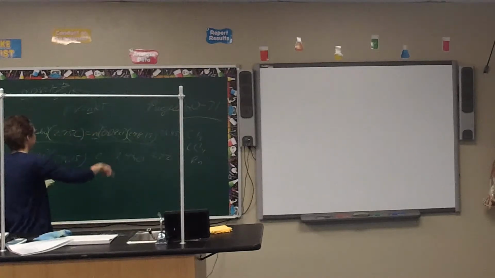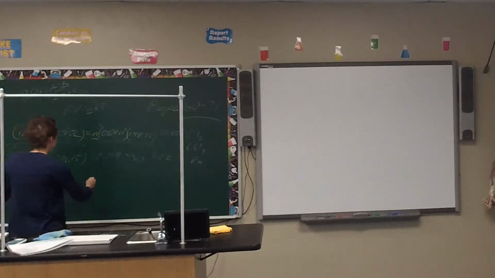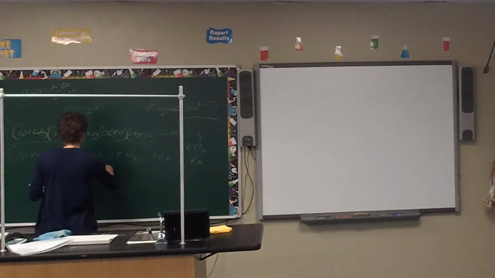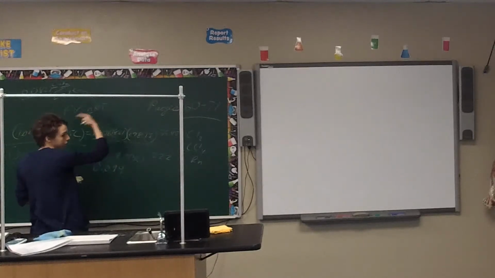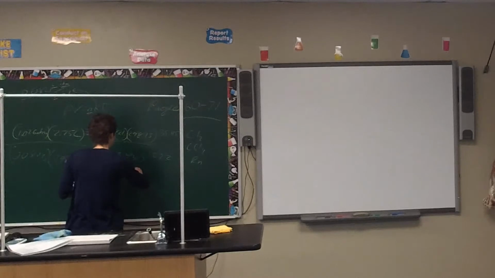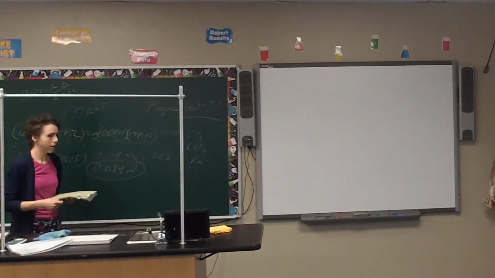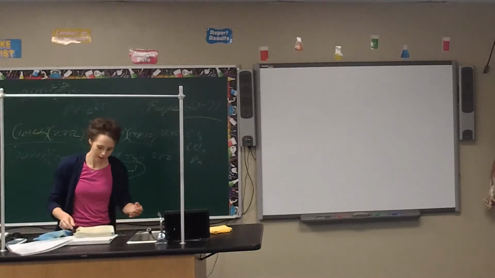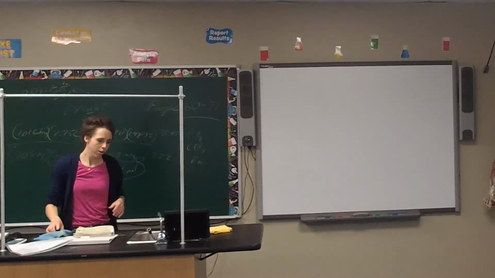Since it's multiplying and dividing, I go off the number of sig figs. So my final answer is 0.094. Remember, these two zeros don't count because they are to the left of the first non-zero digit. My units for moles are just moles. So 0.094 moles is the final answer for this problem.